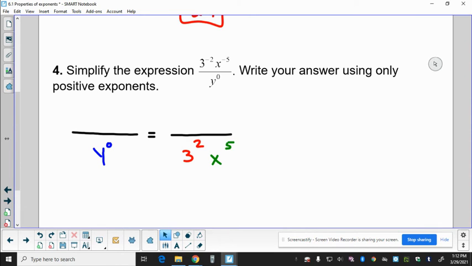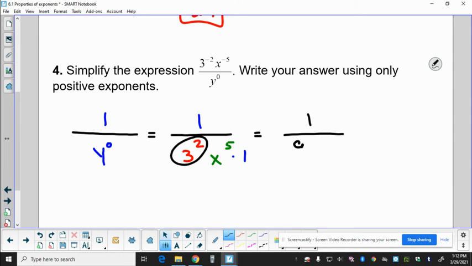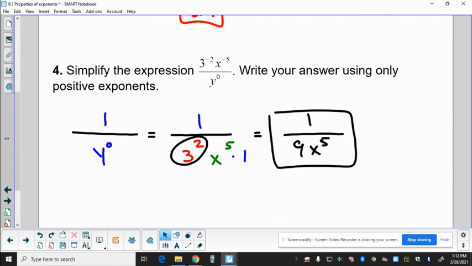So I'm going to rewrite that over here as a 1. Now, there's nothing left in the numerator, so there's a 1 there as well. If everything cancels out, there's actually a 1 left behind. 3 squared is 9, x to the 5th, and you don't even need that 1 in there, because when you multiply by 1, it's the identity.